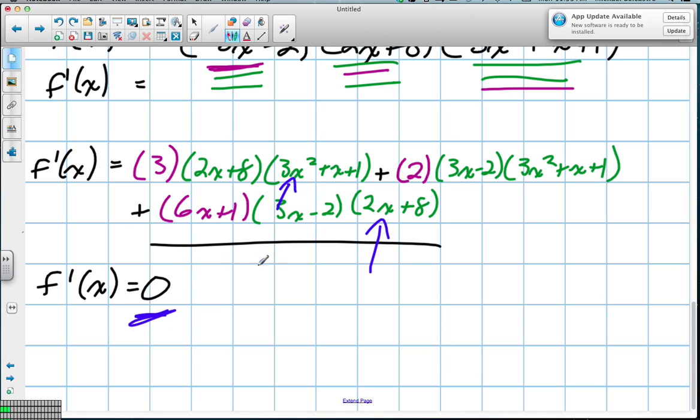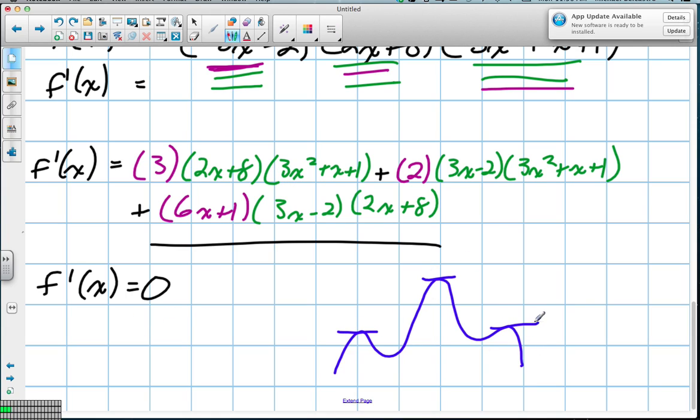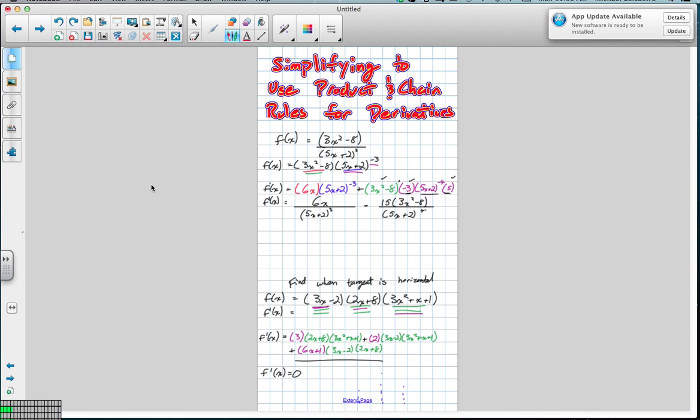And there may be several values, which means our function may look something like this for all we know. Okay? And all of these would be horizontal points along our function. Okay, so whatever those x values are, we would know we would have horizontal tangents to our original function at that point.